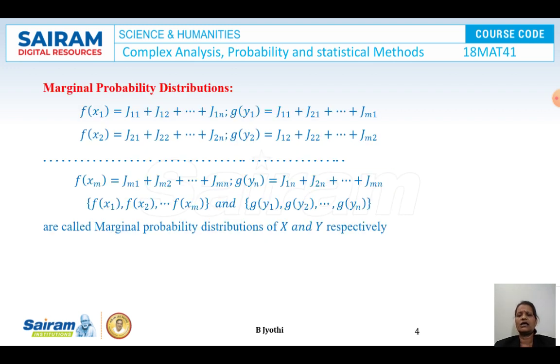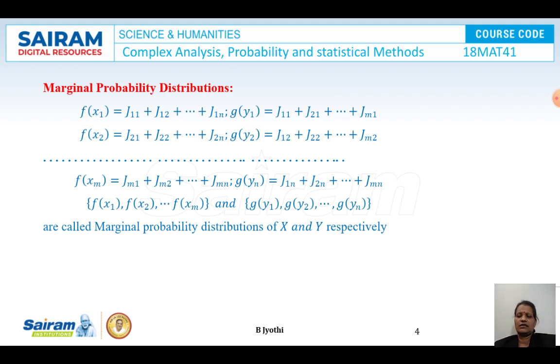So coming to the marginal probability distribution, f(x1) is nothing but the sum of j11 plus j12 plus j1n, whereas g(y1) is j11 plus j21 plus jm1, and f(x2) is j21 plus j22 plus j2n, and g(y2) is j12 plus j22 plus jm2, and f(xm) is jm1 plus jm2 plus jmn, and g(yn) is j1n plus j2n plus jmn.